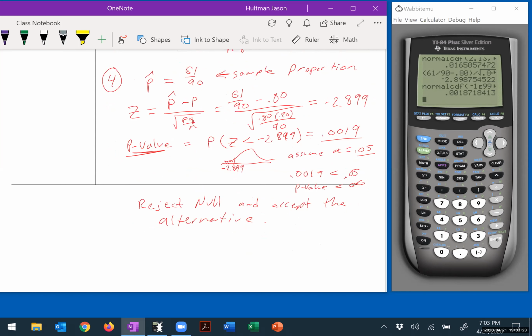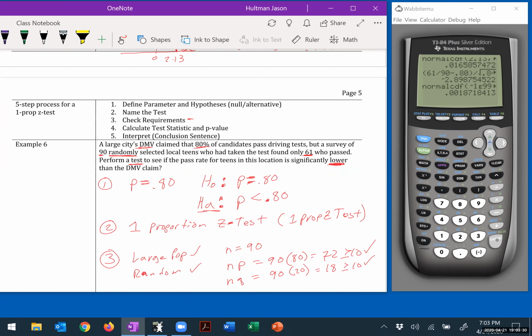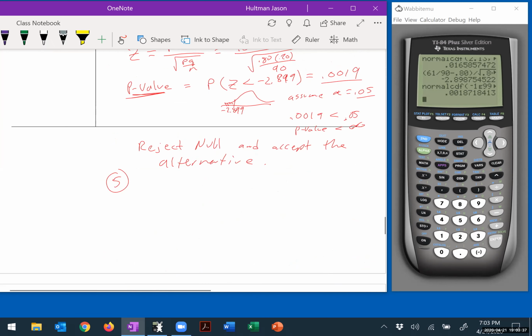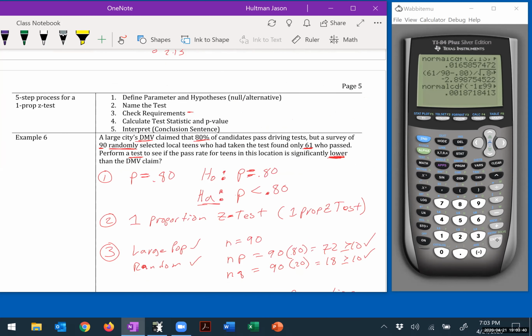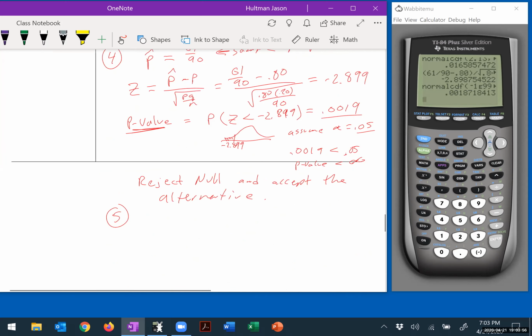Okay, so what does this mean? Let's do number 5 here, which is to write a conclusion, interpreted in terms of the problem. Our conclusion was that we rejected the null and accepted the alternative. Well, what's the alternative? The alternative is that it's not 80%. It's significantly lower than 80%. That's the pass rate.